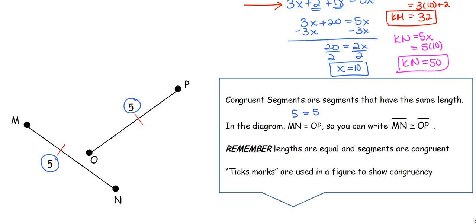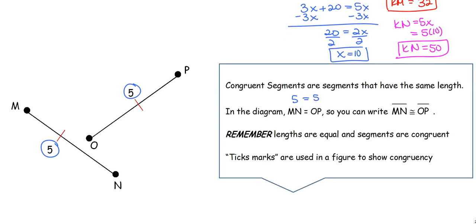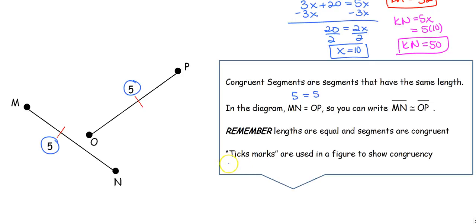When you are marking up your diagram, which we're going to be doing almost every single day, we're going to use different tick marks to show that they're congruent. In this case, I used just one line. I could use 2 lines to mark them congruent.